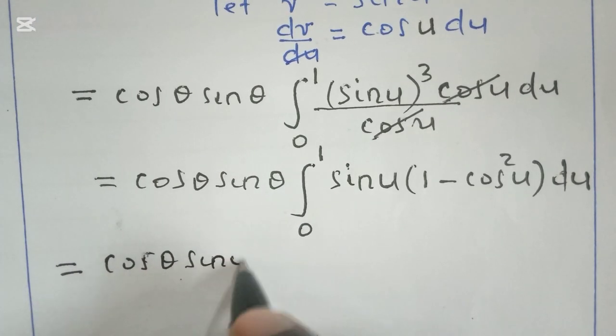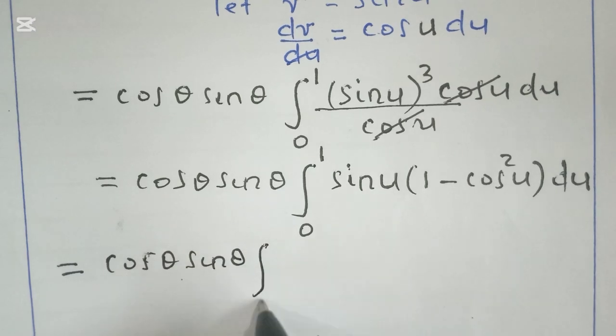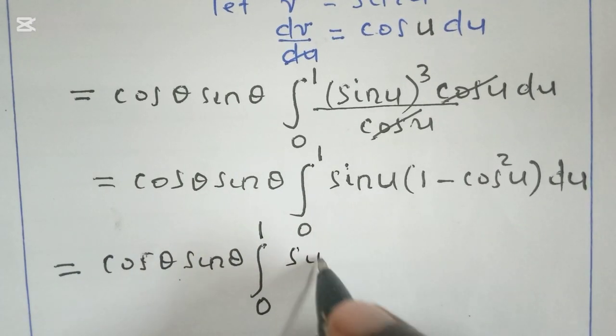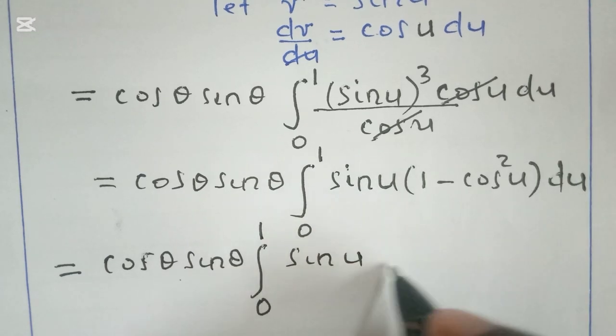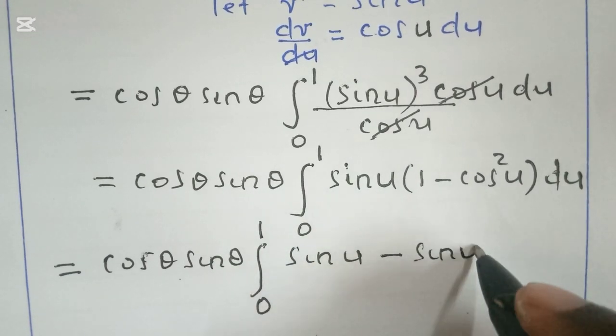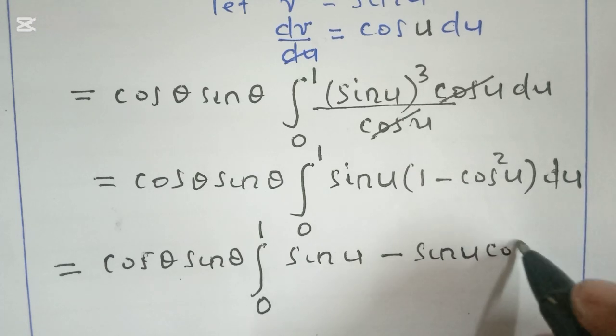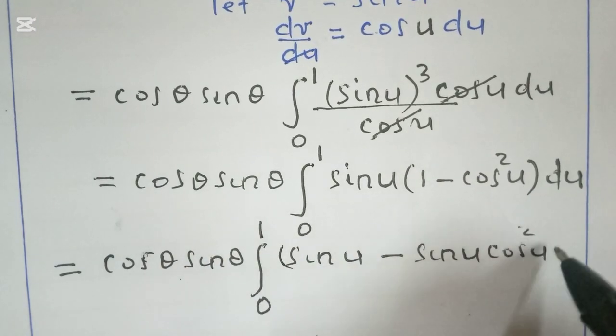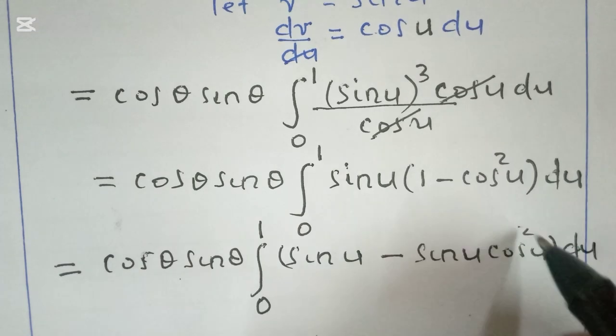So here we are going to have sin theta times sin u minus sin u cos squared u, and always du, like that.